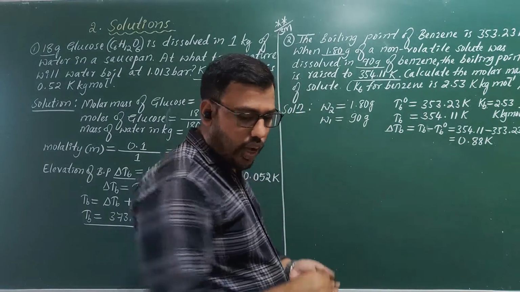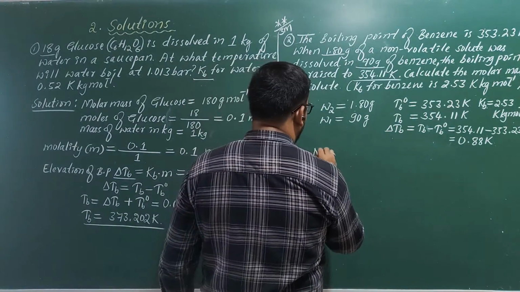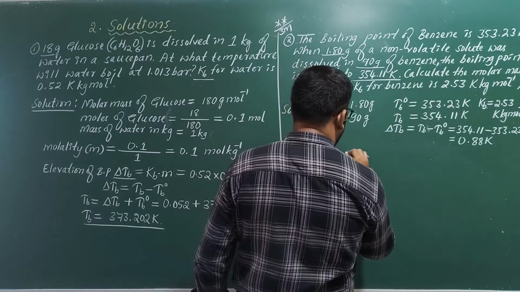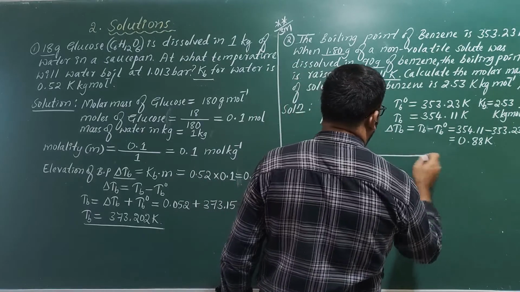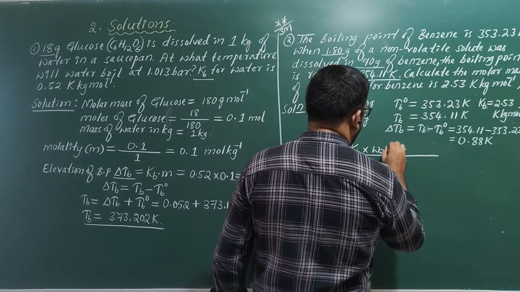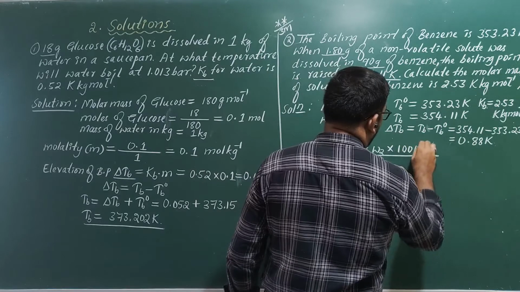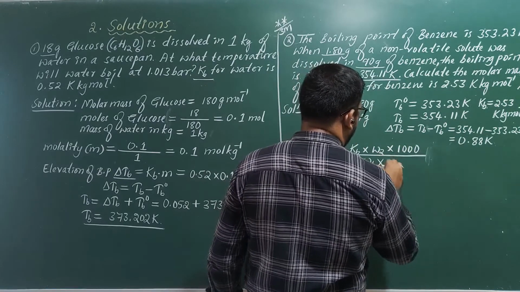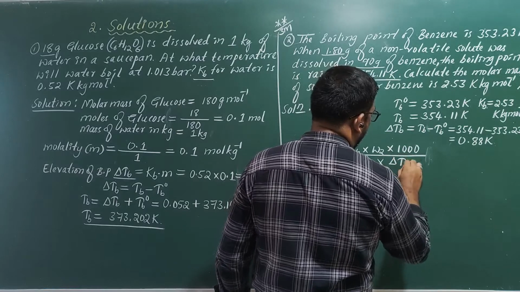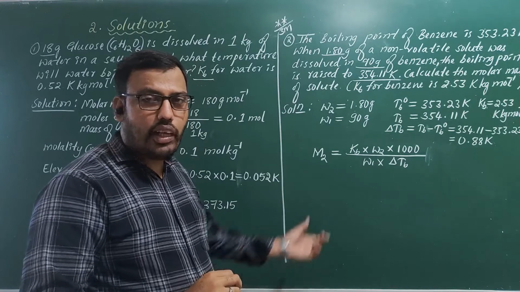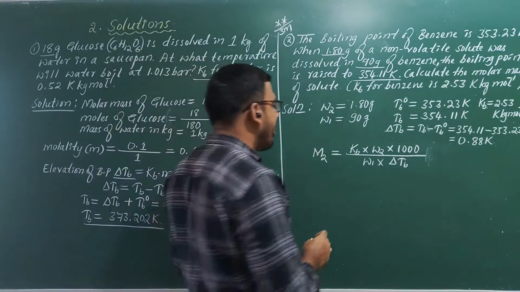Now M2 is equal to, once again I am writing the formula: Kb into W2 into 1000 divided by W1 into delta TB. Okay, the formula is there, just substitute the values.